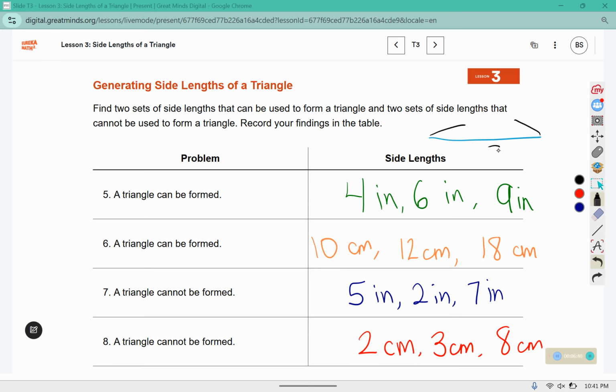So if this is 7 and this is 5 and 2, when we rotate these, the 5 and the 2 are going to just barely touch in that spot to create a side length of 7. But it's going to make a straight line instead of a triangle.